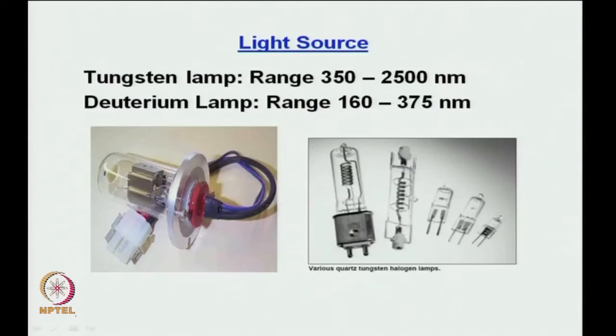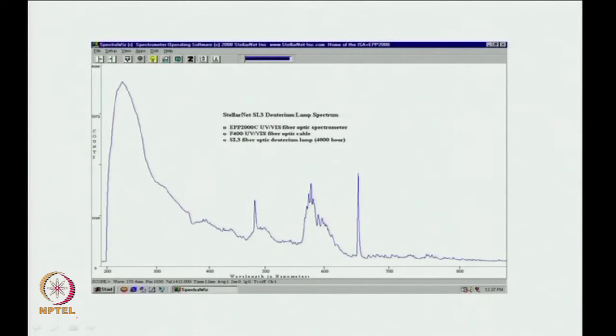Now, this is typically the light coming out from a deuterium lamp. See where it peaks. So, this portion is 200, this is 300, and so on. You can see what is the maximum. The maximum is somewhere here, right.